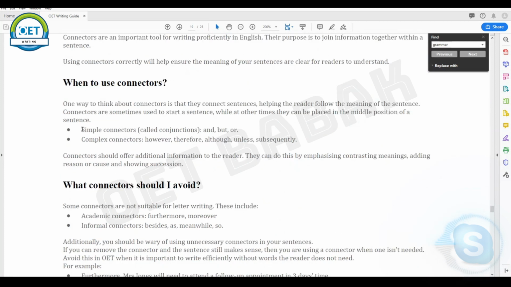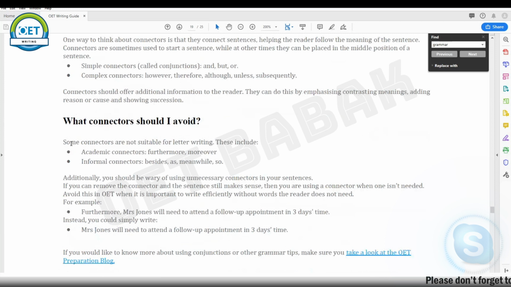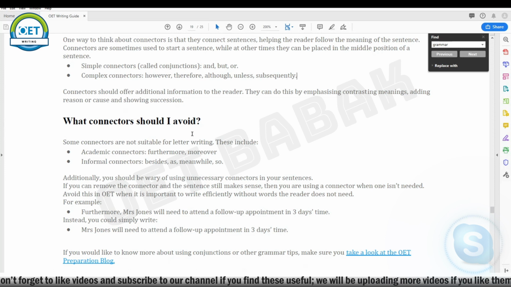When to use connectors? Simple connectors like conjunctions like and, but, or. And there are some complex connectors like however, therefore, although, unless, subsequently. What connectors should I avoid? Some connectors are not suitable for letter writing. These include academic connectors like furthermore, moreover.